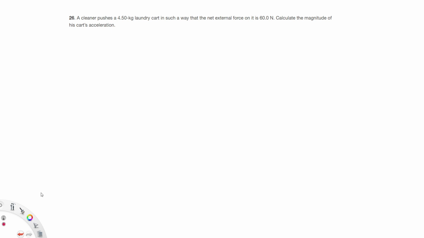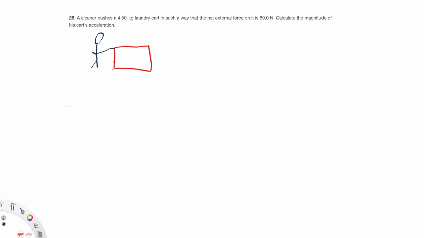Physicists just love boxes, mostly because we can't draw. So here we have a laundry cart, which is a fancy word for a box. And we have someone pushing the laundry cart. Okay, pretend arms are really that length.